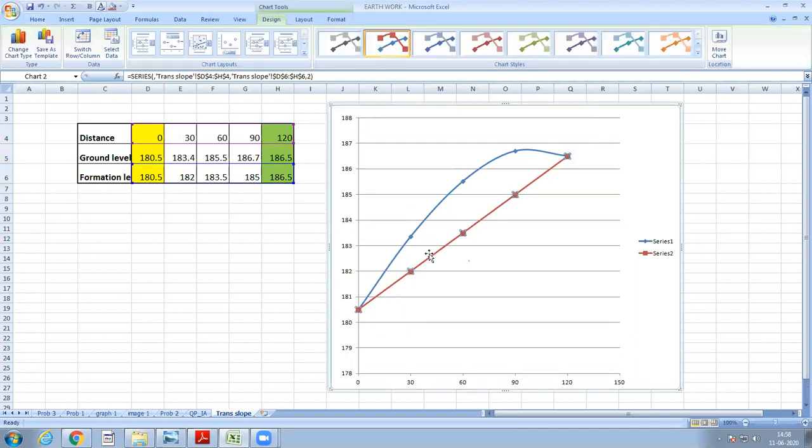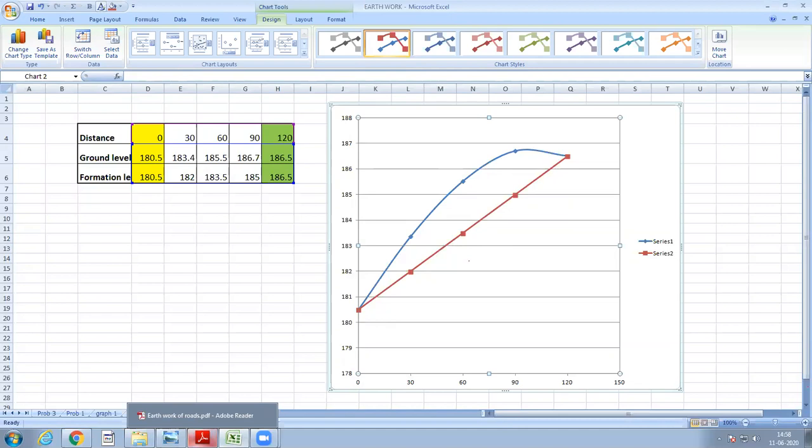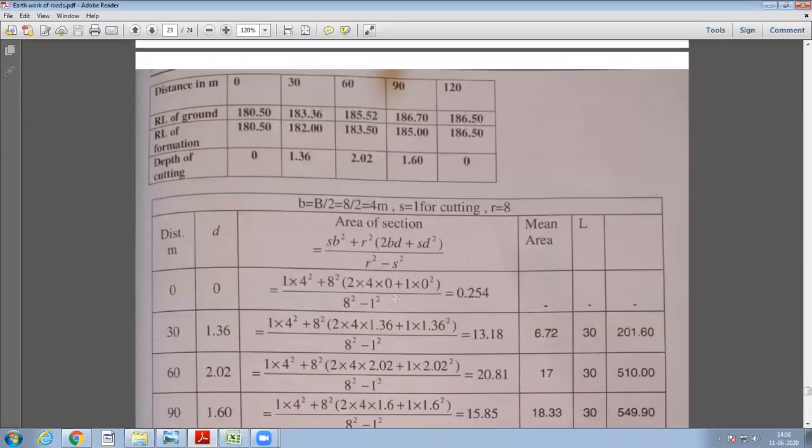They both are end chainages. It has passed through that. If you plot a graph for these details, you will get the graph like this. So this is the profile of the natural ground and this should be the road. Okay. So this is cutting. This whole thing is cutting. No filling is there. So you can use the formula.